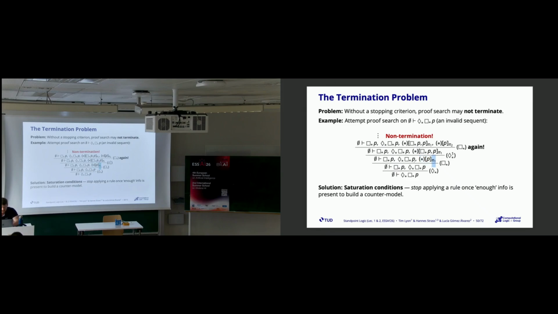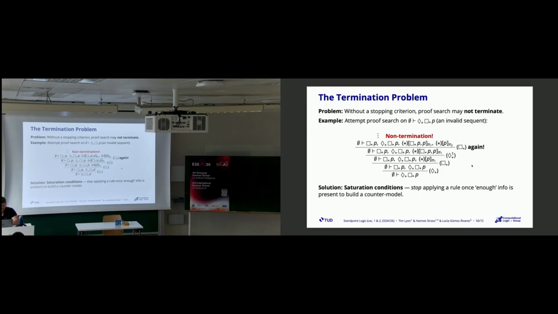I could then apply the diamond 1 rule to introduce a box from here into this component. And then I could apply the box rule again to introduce yet another nesting, another component in my nested sequent, which has a P. I can just repeat this process ad infinitum, constantly growing this nested sequent with more and more children in the consequent. So we need to come up with conditions that tell us when to stop this proof search.